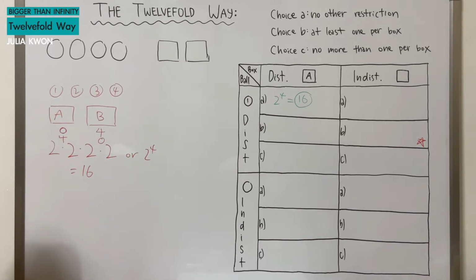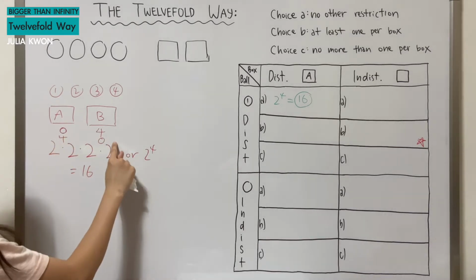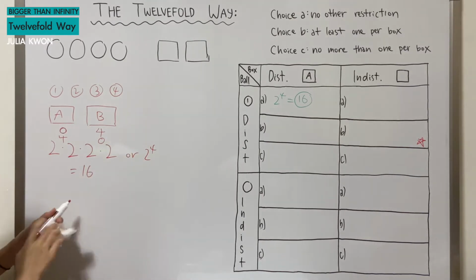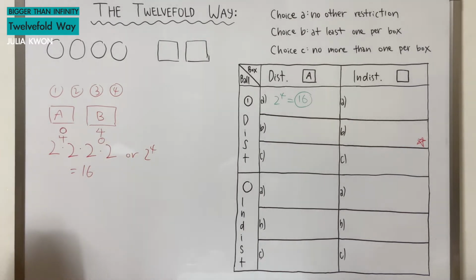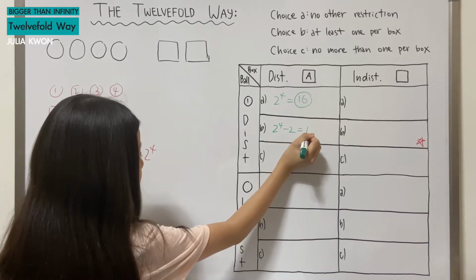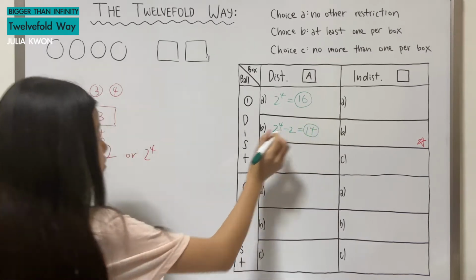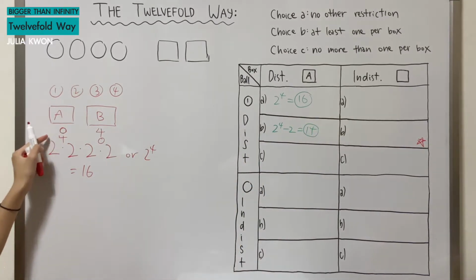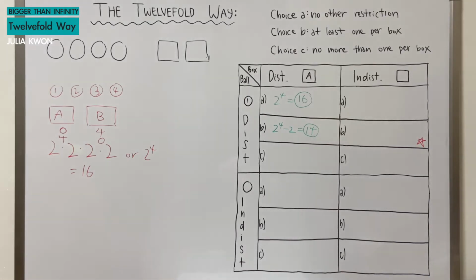And the only way that can happen are these two choices, I guess. So we're going to subtract 2 from 2 to the power 4. 2 to the power 4 minus 2 is equal to 14. These 2 were the only 2 ways where there wouldn't be at least one ball per box.